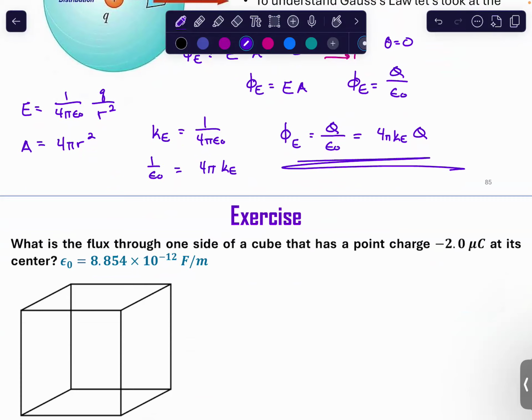It's passing through the surface, a certain amount of field in a given amount of time. It's the Greek letter for F. What do you think it is? It's electric flux. Gauss's law is a relation for electric flux.